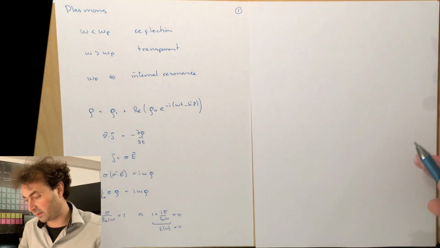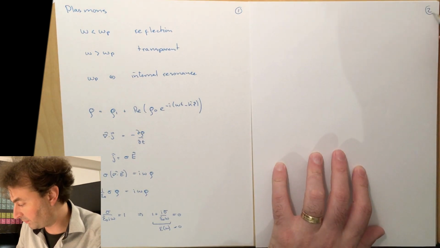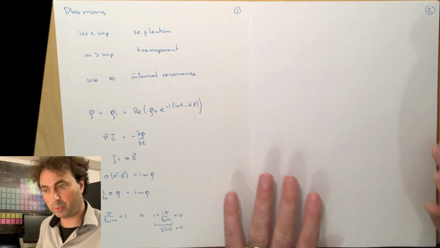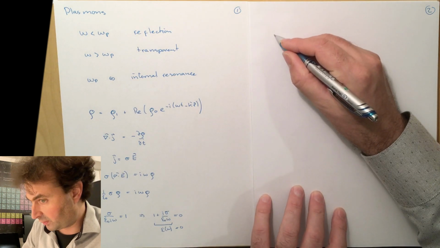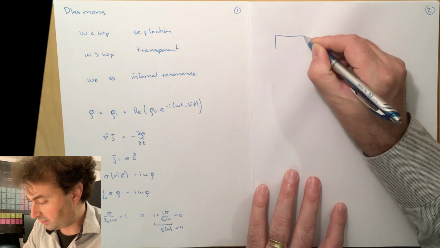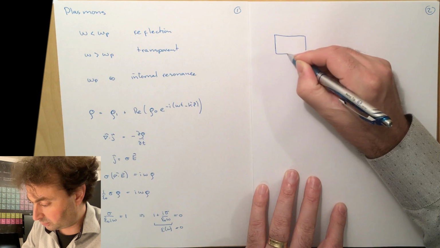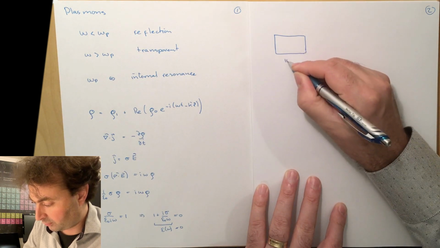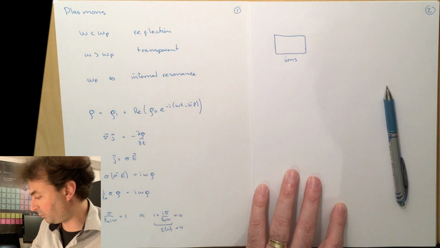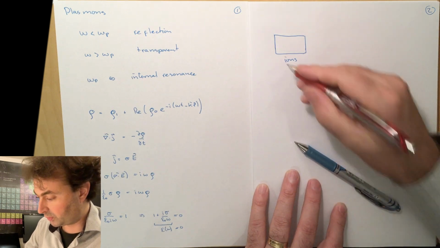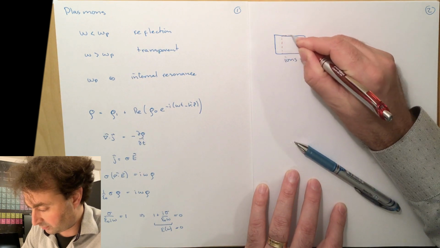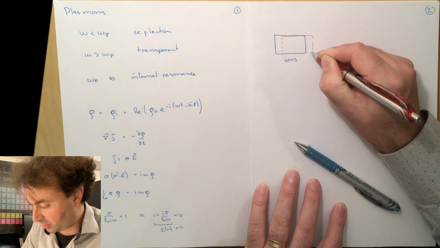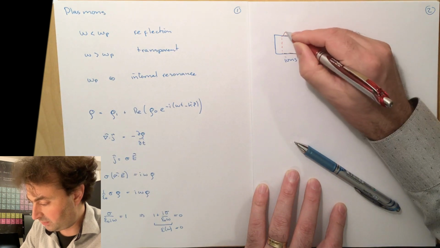We can understand this plasma frequency in even more microscopic detail if you think of your ions that sit in your sample. Then we can move the electrons and shift them by a distance d.